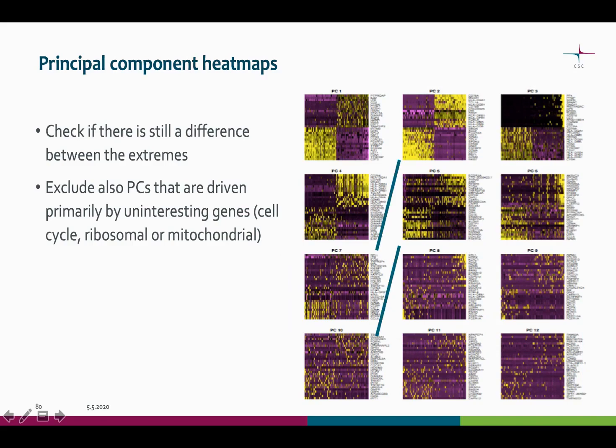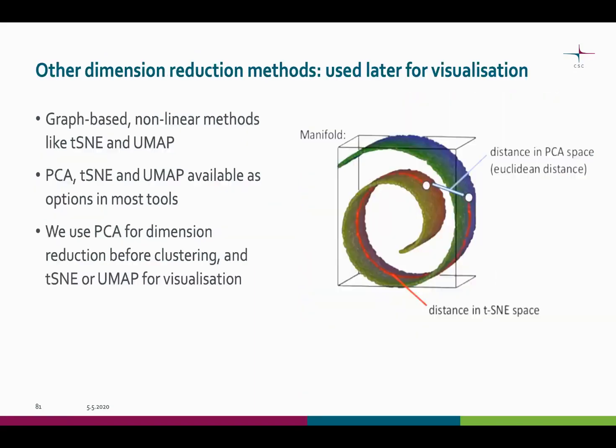You might want to do some test runs. You can also exclude principal components that are driven primarily by uninteresting genes. So if you spot, for example, cell cycle genes or ribosomal or mitochondrial genes here, that principal component might be responsible for those. Consider regressing out that kind of variation in your data.